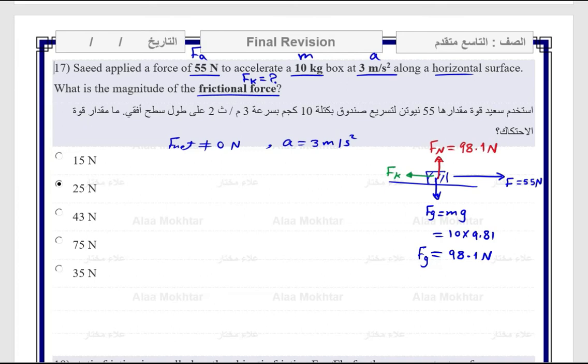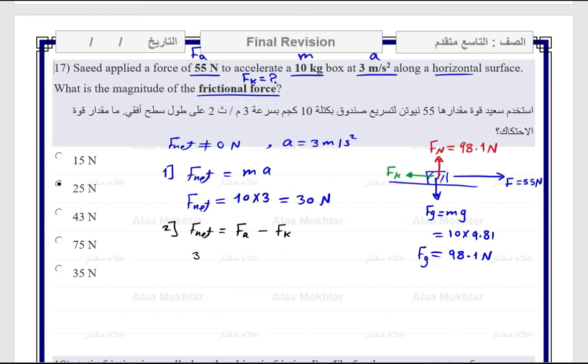Now, from Newton's second law, first step, F net equals ma. M is 10, acceleration is 3, so F net equals 30 Newton. The second step, from the figure, F net equals Fa minus Fk, the right force minus the left force.